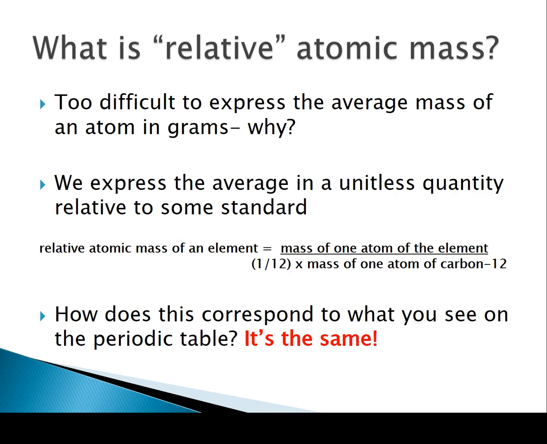They calculate the relative atomic mass by dividing the mass of one atom of the element by 1/12 the mass of carbon-12. Now, generally, they don't ask you to calculate relative atomic mass because you could just look at it on the periodic table. But you do need to know that carbon-12 is the standard that is used for deriving those masses.